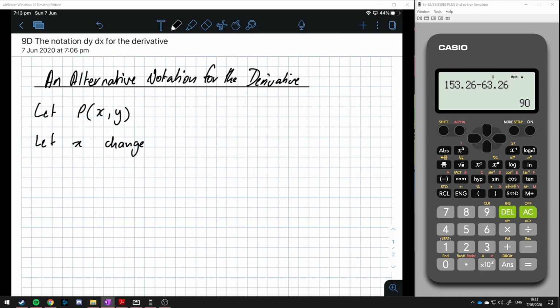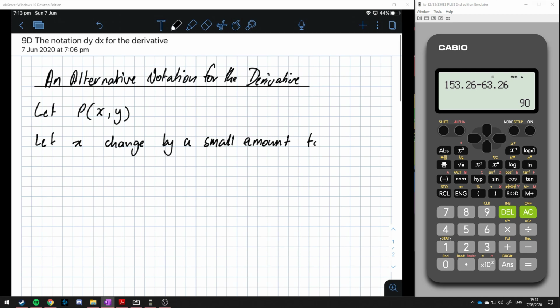We're going to move it along the function by a small amount, to x plus delta x, okay? Or we would just say dx.